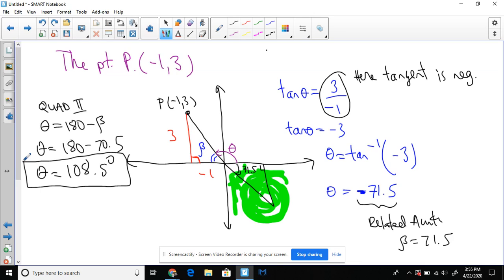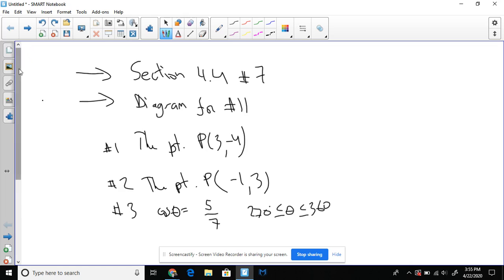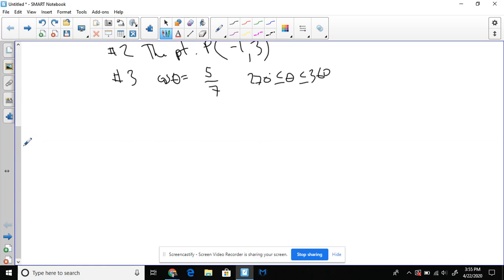And then there's one more from the homework that dealt with a specific cosine and in a specific quadrant. So let's, I'll just go back. It's actually on this page right here. So let's do this one right now, okay?